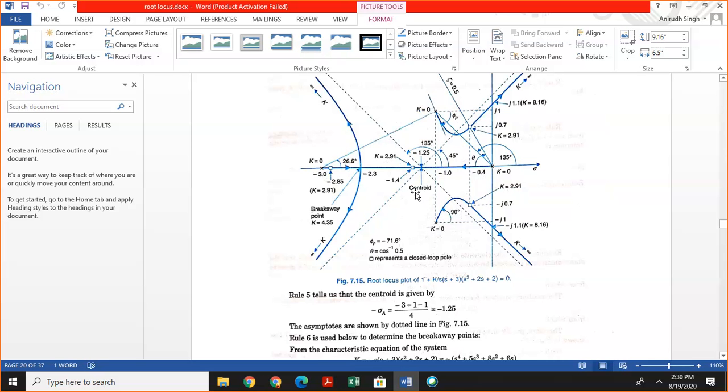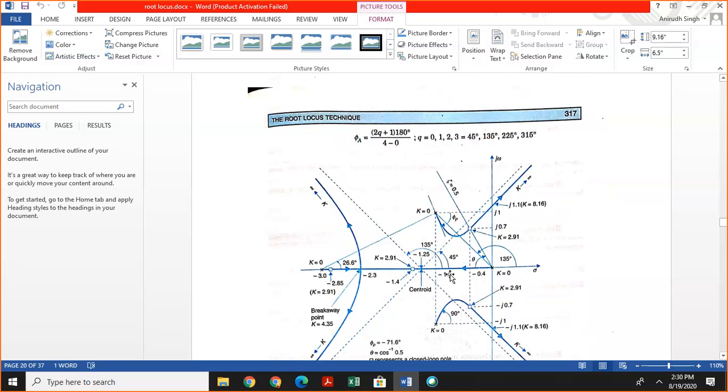The angles of asymptote are given by 45, 135, 225, and 315.